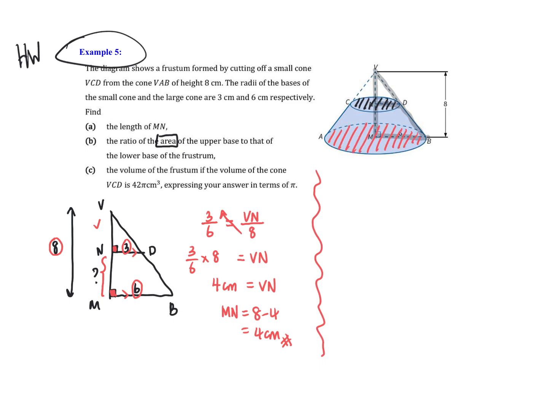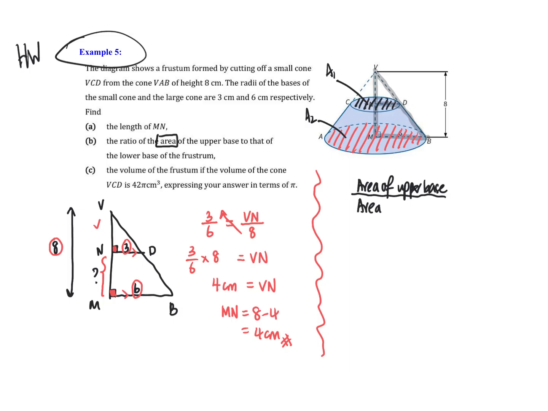The lower base is the red semicircle. So in order to find the ratio of their area, so area of upper base. Okay, if you don't want to write this, then on the diagram you put A1 here. Then here you put A2, then you can use it directly. If you don't want, then you have to write this.